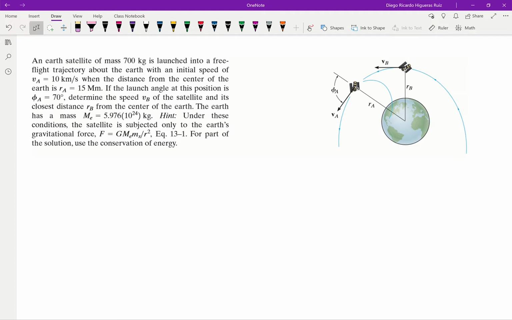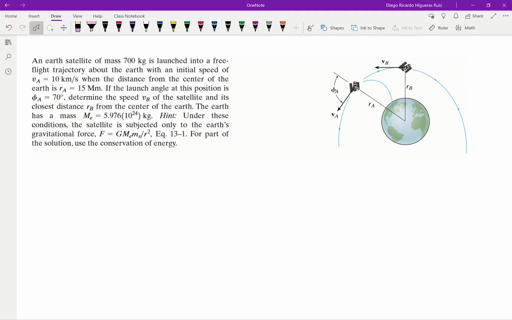The Earth has a mass of 5.976 times 10 to the 24th kilogram, and we are given a hint. Under this gravitational force, F equal G Me Ms over R squared. Okay, well, let's go ahead and solve.